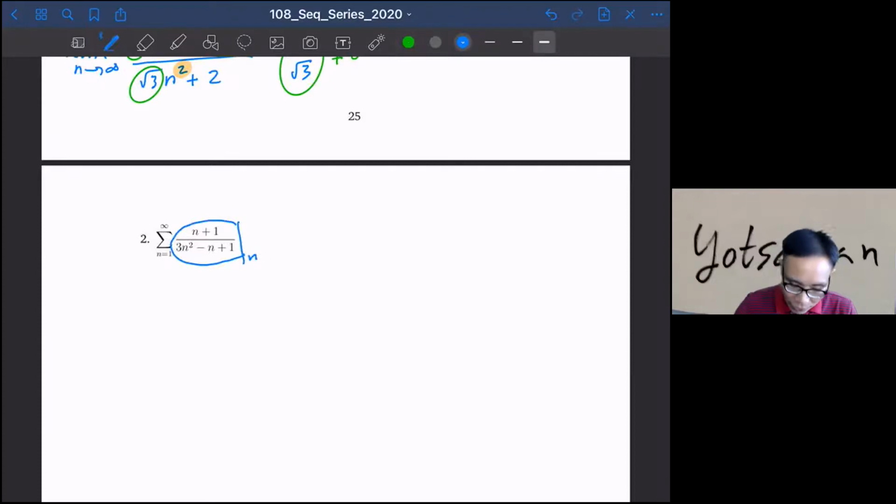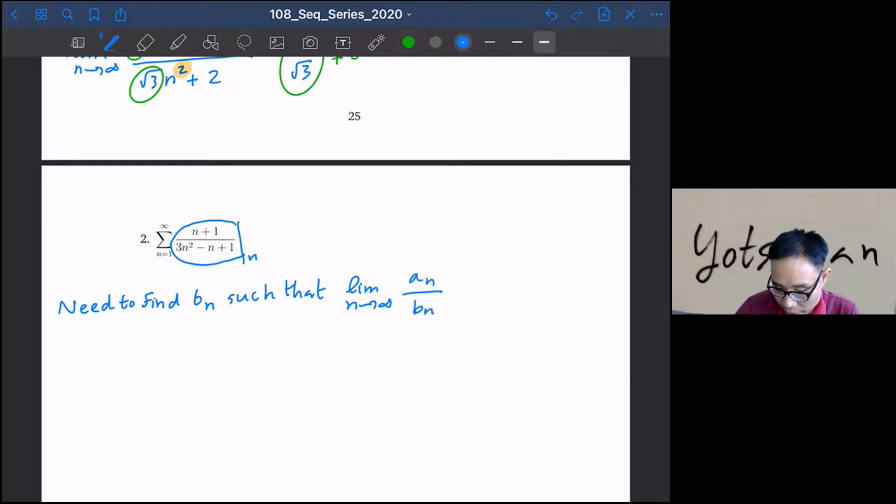We need to find Bn such that the limit as n goes to infinity of an over bn turns out to be not equal to 0.